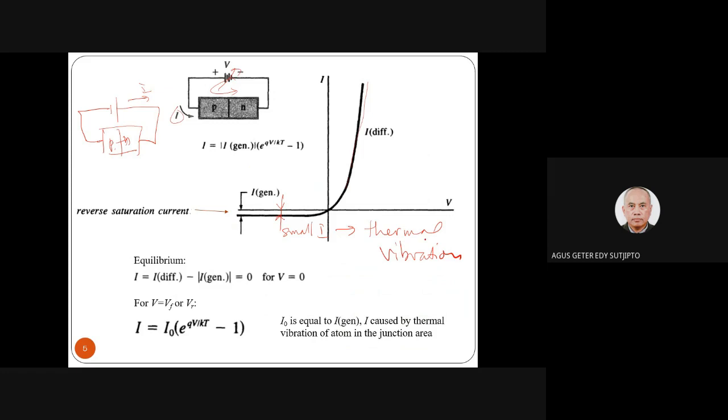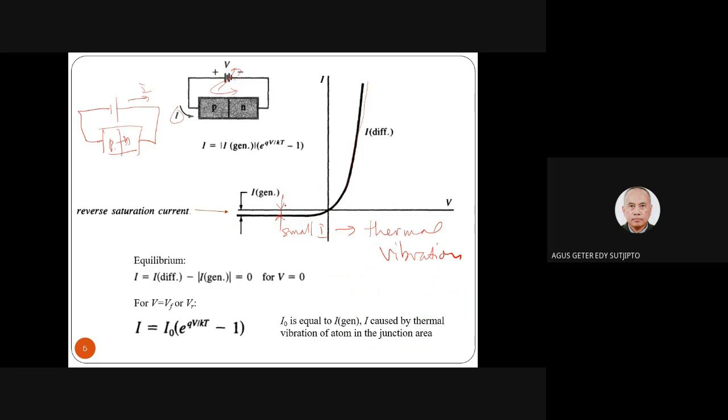Thermal vibration is caused by the applied voltage and the heating, which increases the activity of electrons. The electron activity causes vibration of atoms, which further causes excitation of electrons from the valence band to the conduction band, and then a small current will flow in the circuit.